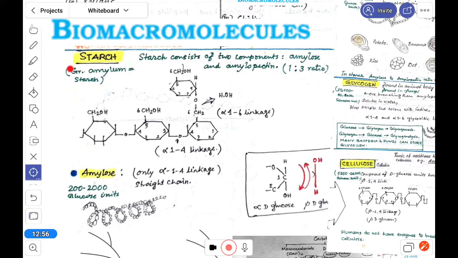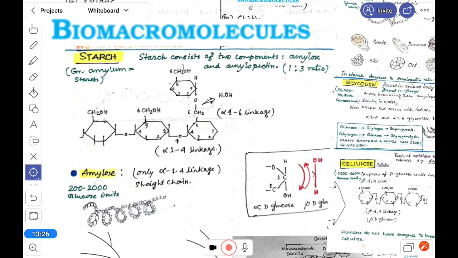Now starch, which is the most abundant in nature, consists of two components, amylose and amylopectin, in a 1:3 ratio. What is amylose? Amylose contains only the 1,4 linkage. The number of units can be 200 to 2000. It can coil like this, but it is straight, no branch is there. It is a straight chain.